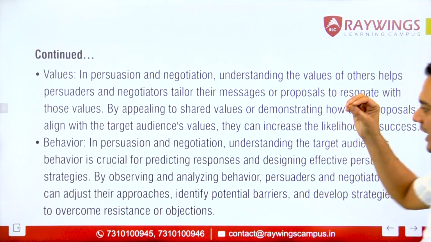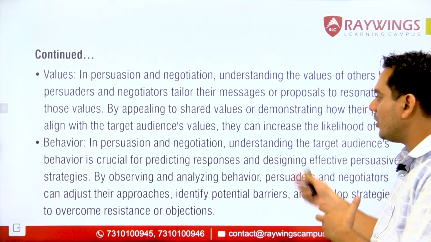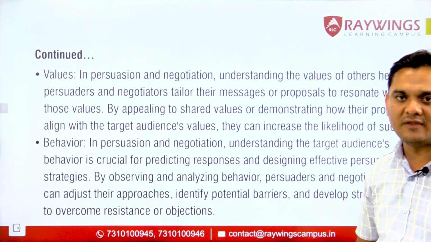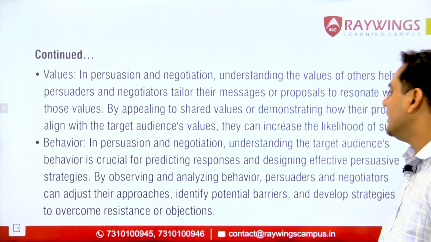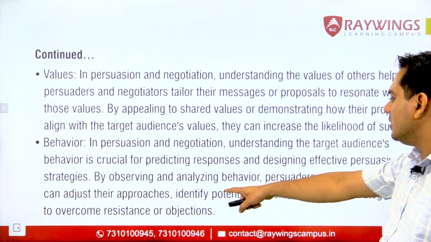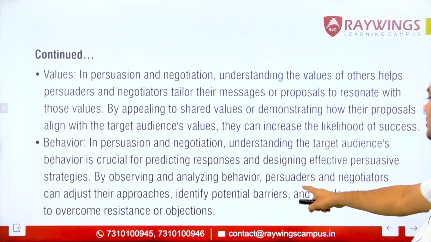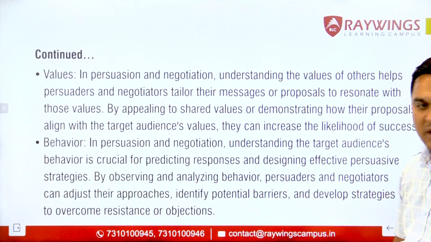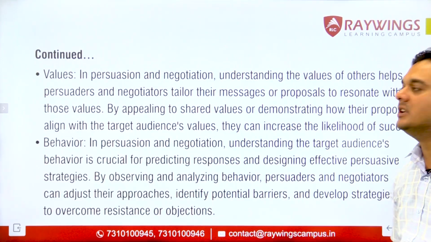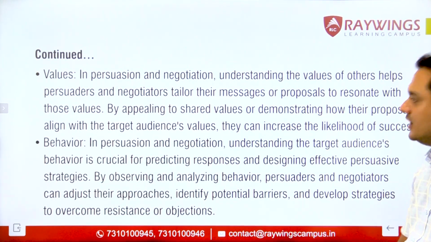So once the negotiator or the persuader understands the behavior of the target audience, then only is it possible to adjust their approaches, identify the potential barriers and develop strategies so that any resistance and objections can be overcome. So this was about values and behavior when it comes to persuasion and negotiation.